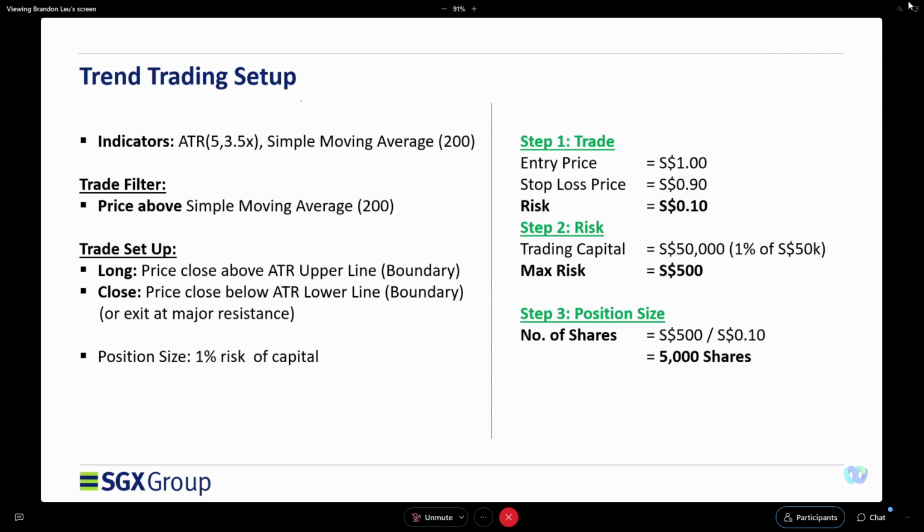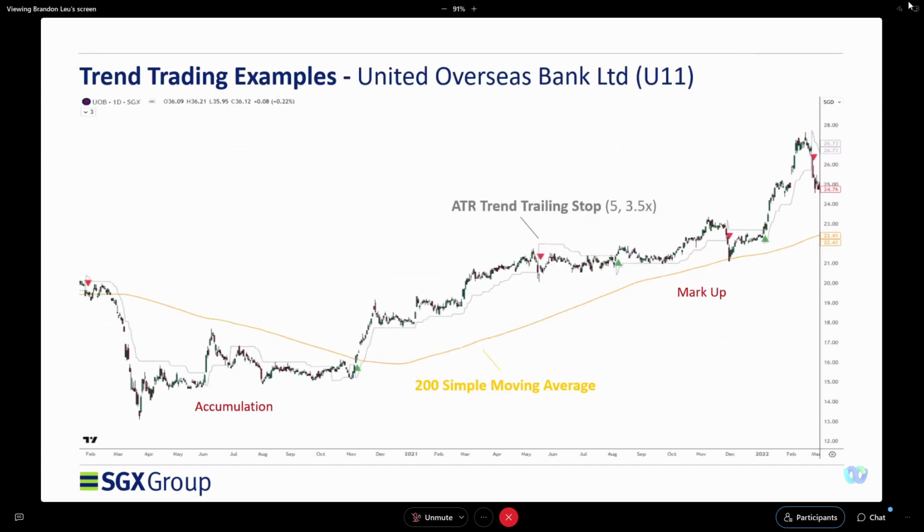So I'll go into an example. This is UOB Bank, which is the chart that we saw earlier. So I won't share too much. We identify an accumulation phase. This accumulation was very clean because the moving average did not cut through the stock.